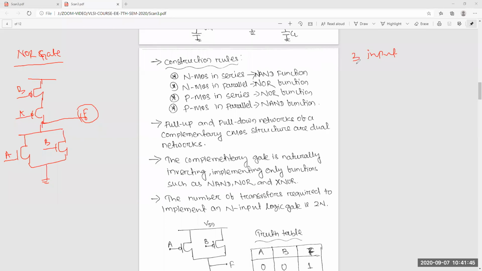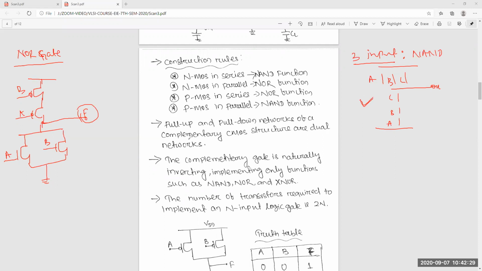What will we do? In the pull up network, three PMOS will be in parallel, and in the pull down network, three NMOS will be in series, A, B and C. So this is A, B, C, then A, B, C. This is your output, with VDD and ground. Similarly, you can design for complex circuits also.